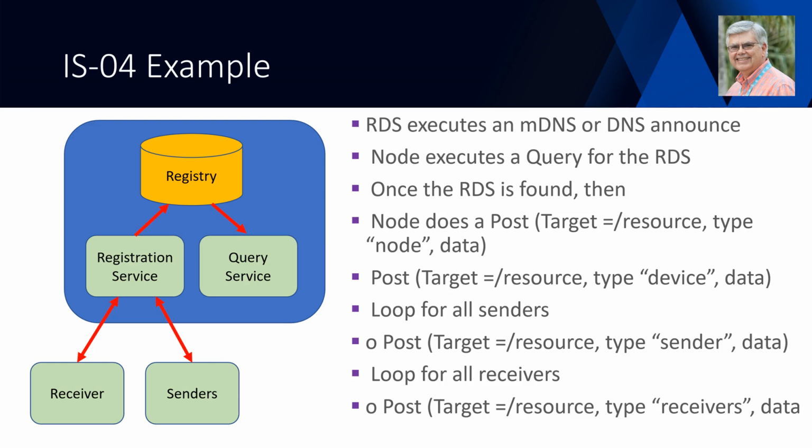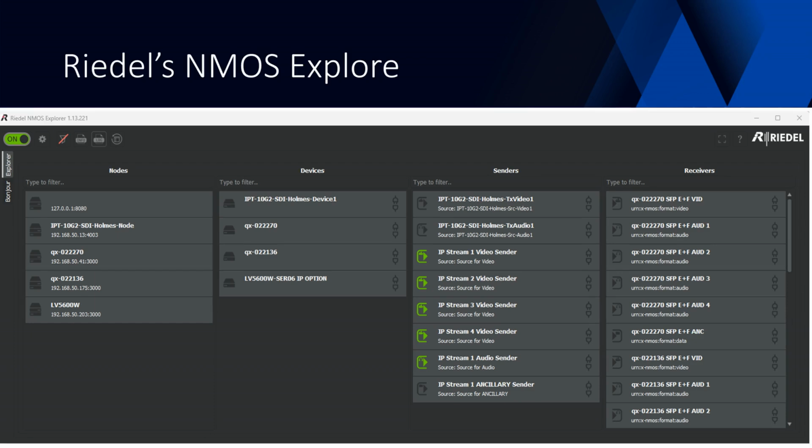So the node will post who it is, and it'll loop for all of its senders and send the SDP file for all of its senders. It'll loop and send something for all of its receivers that it has, and that then will appear in the registry database and then be made available in that query service.